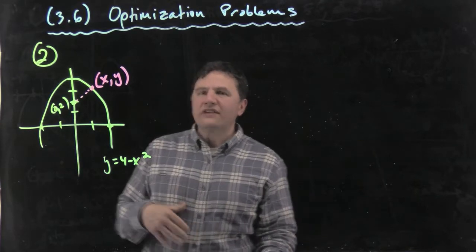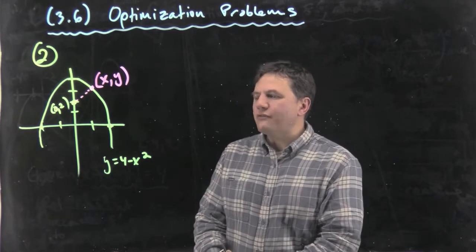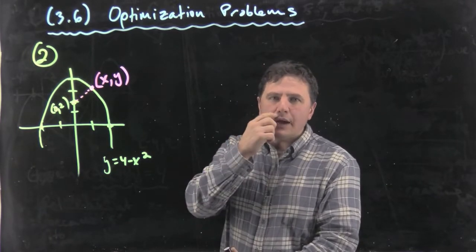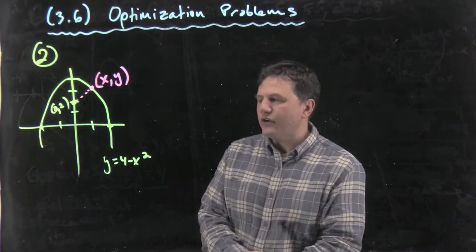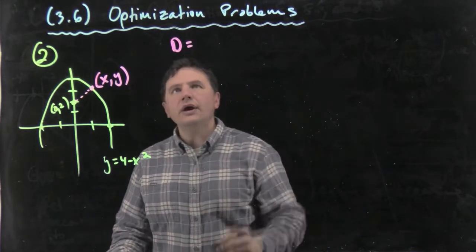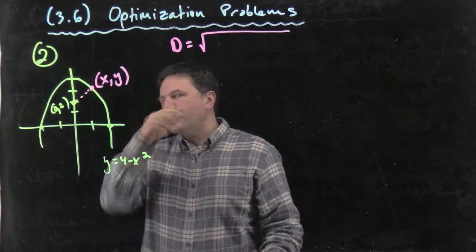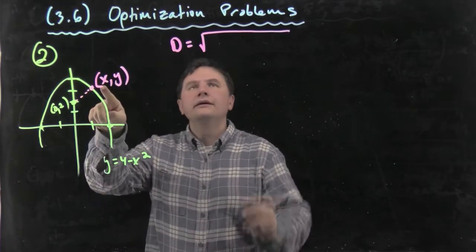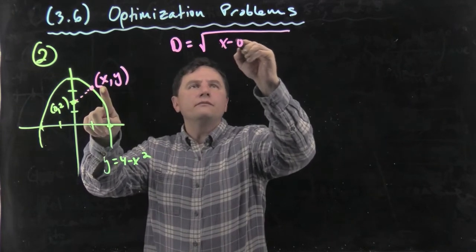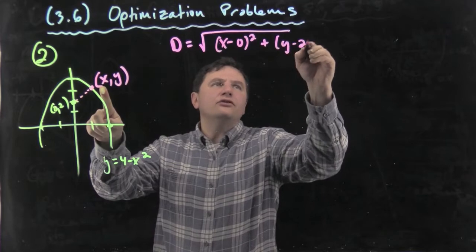As I talked about in the last problem, our first focus is to write whatever I'm trying to maximize or minimize as a function of one variable. So our distance here, square root, we're going to use the distance formula. That is going to be x minus 0 squared plus y minus 2 squared.